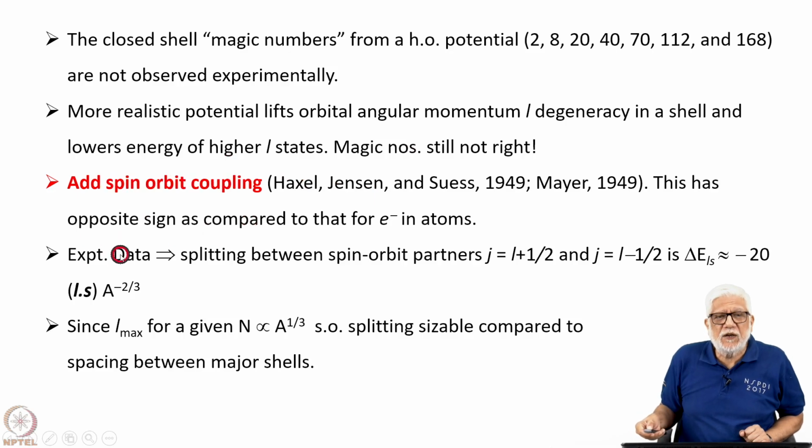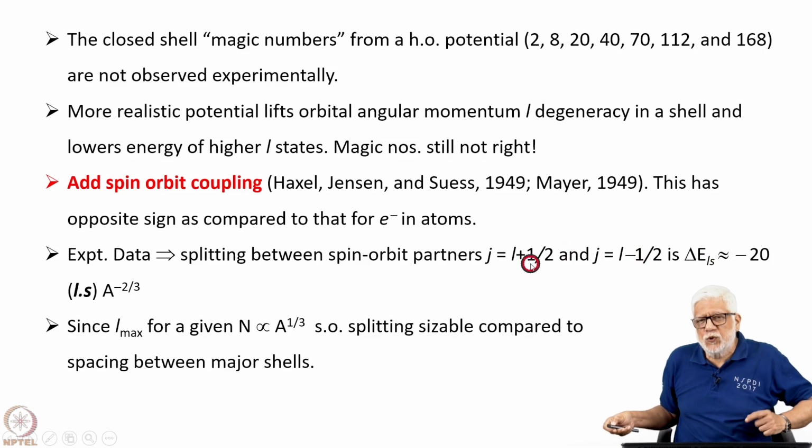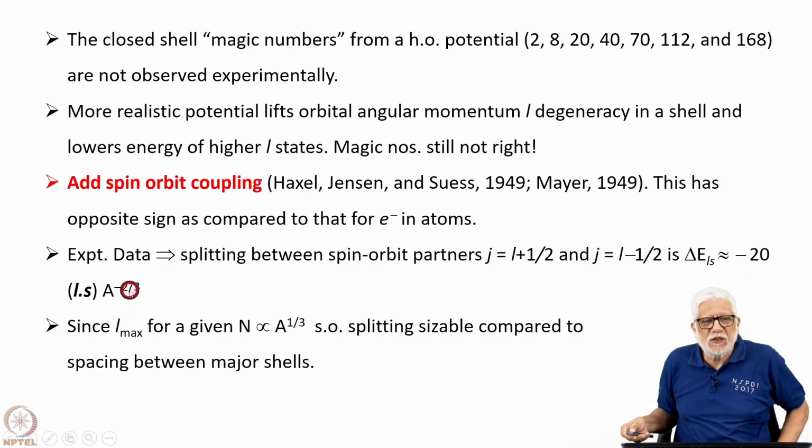And so the experimental data also says that the spin orbit partners j equal to L plus half and j equal to L minus half is such that the j equal to L plus half is lower than the j equal to L minus half, and this goes opposite to what you see in atomic levels. And in fact, this delta E LS, which is the difference in energy between these two, is about minus 20 times the L dot S a to the minus 2/3.